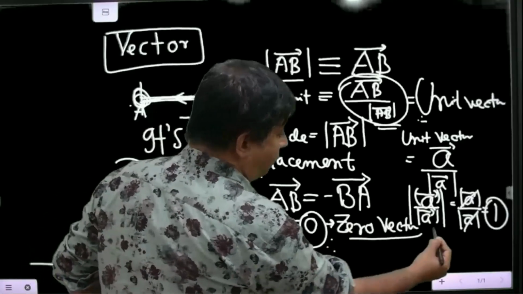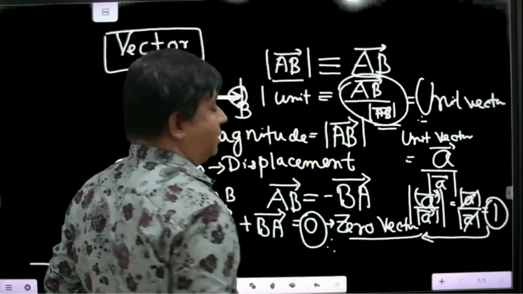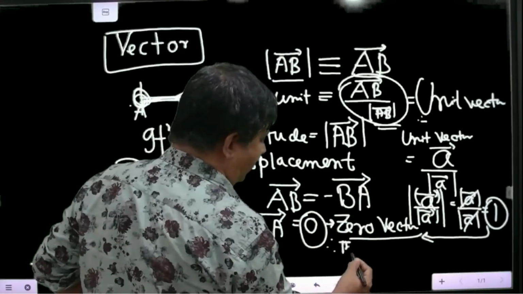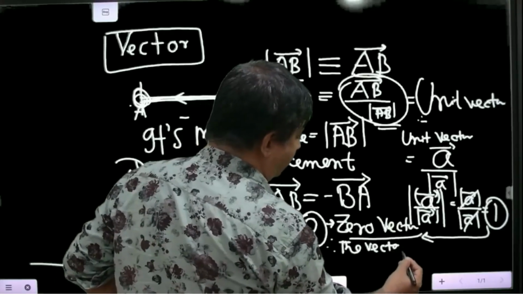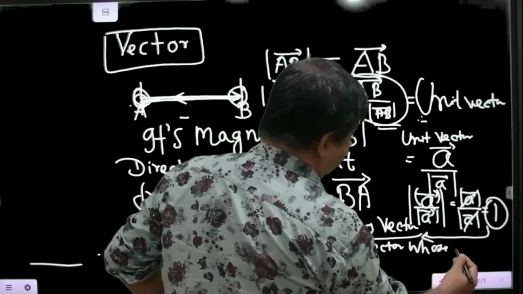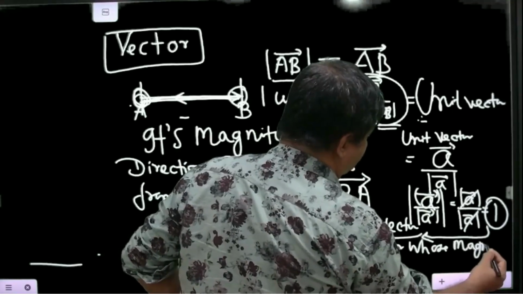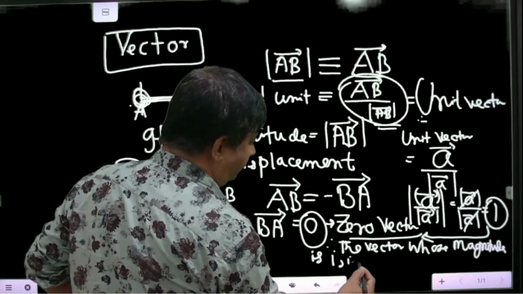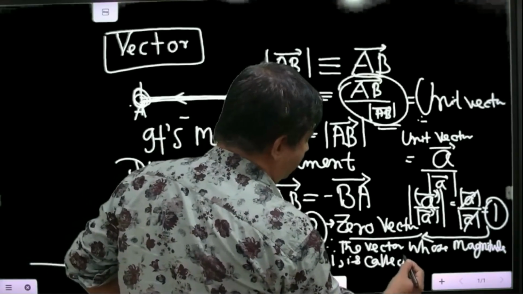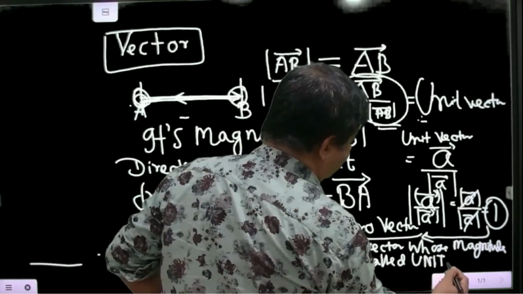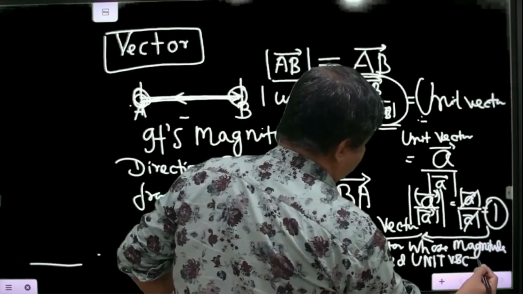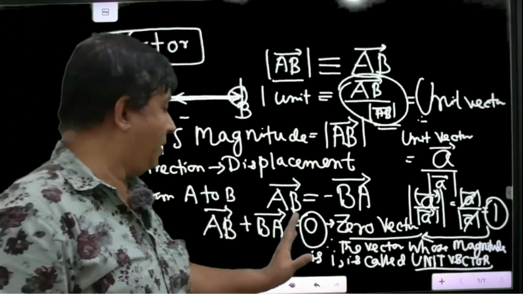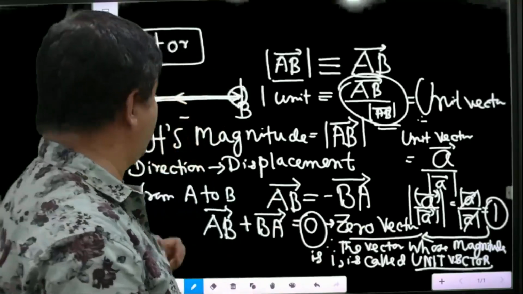Therefore, from this example, one conclusion I can draw is that the vector whose magnitude is 1 is called unit vector.